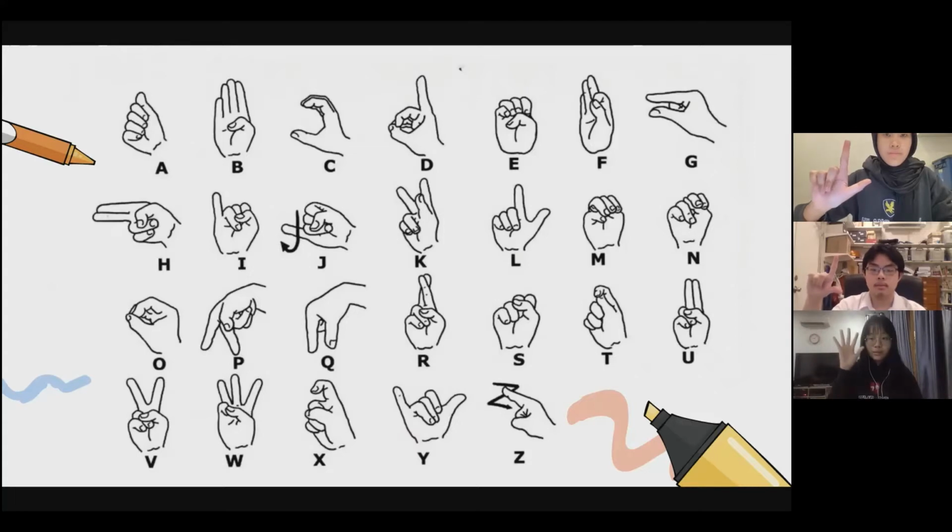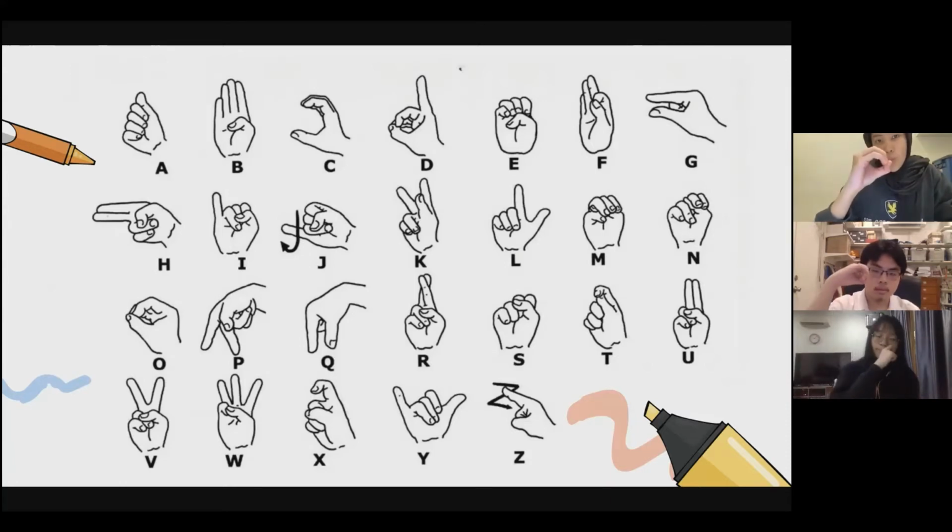M, you want to have your thumb in between your pinky finger and your ring finger. N, you have your thumb in between your middle finger and your ring finger. Next, O.